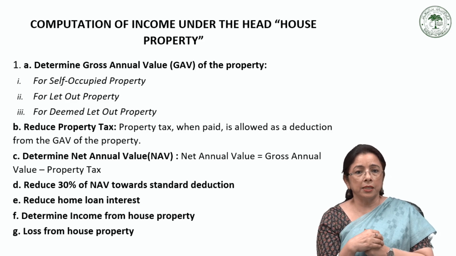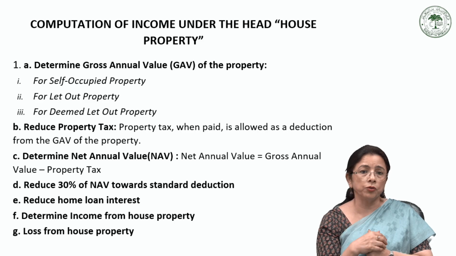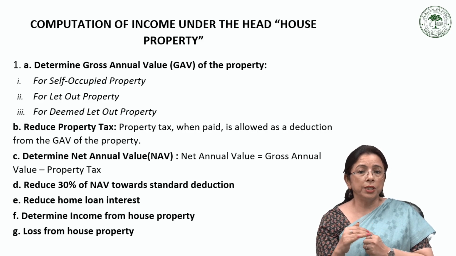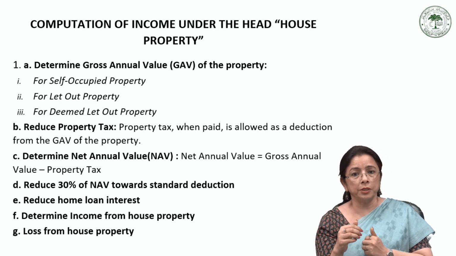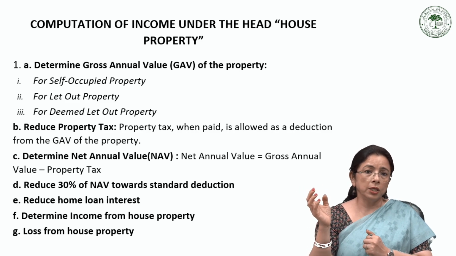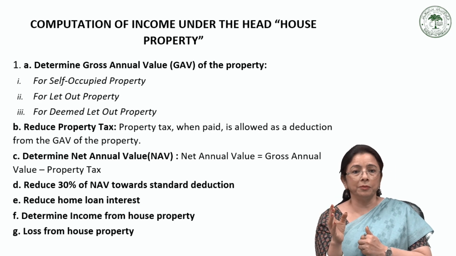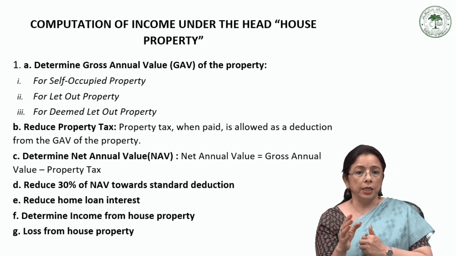And then there is a third category, that is deemed to be let out property. That is, if more than two properties are used for own residential purpose, only two houses, according to the choice of the taxpayer, will be treated as self-occupied properties, and the other houses will be treated as deemed to be let out, and their income from house property will be computed accordingly.